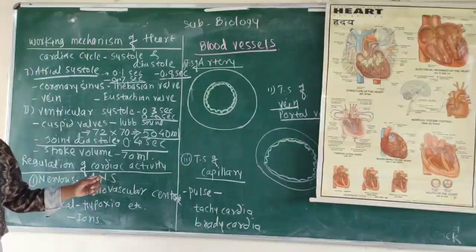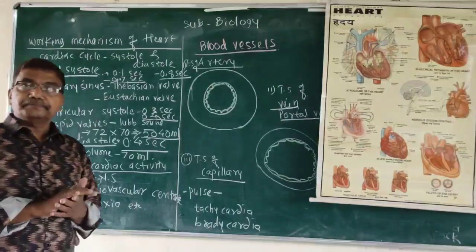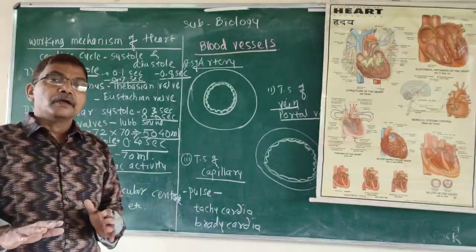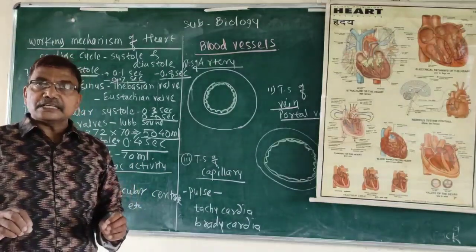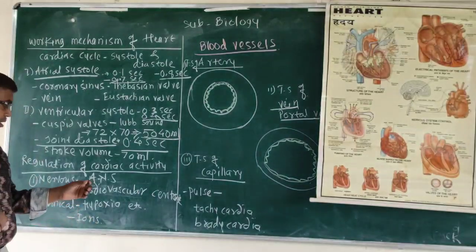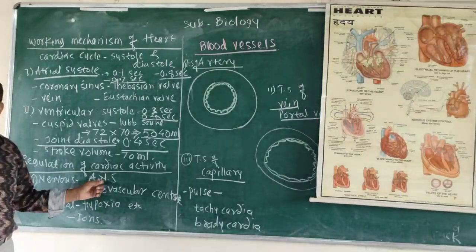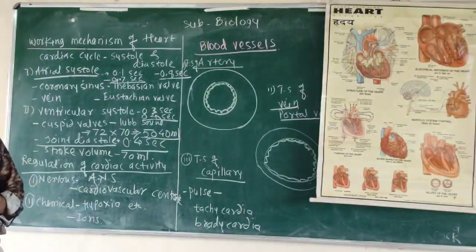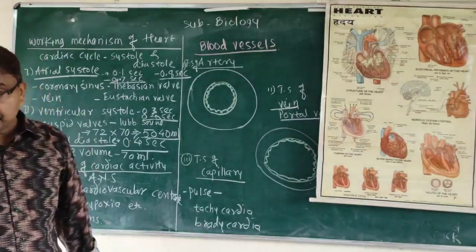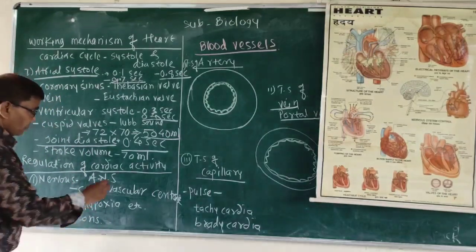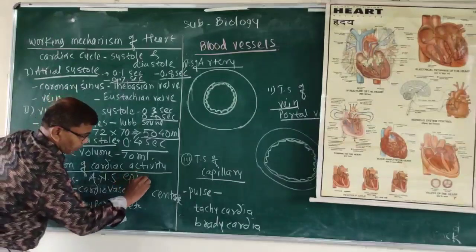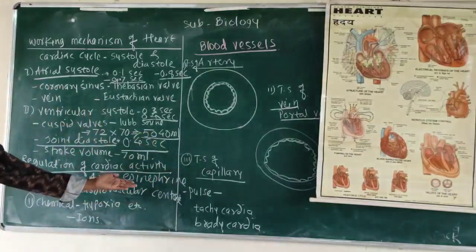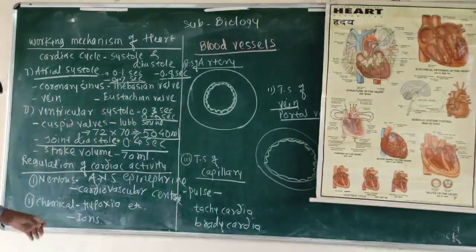The sympathetic nervous system increases the heart rate, mostly during stress, fear and emotional conditions. This works through the secretion of a neurotransmitter called epinephrine, which increases the beating of the heart.